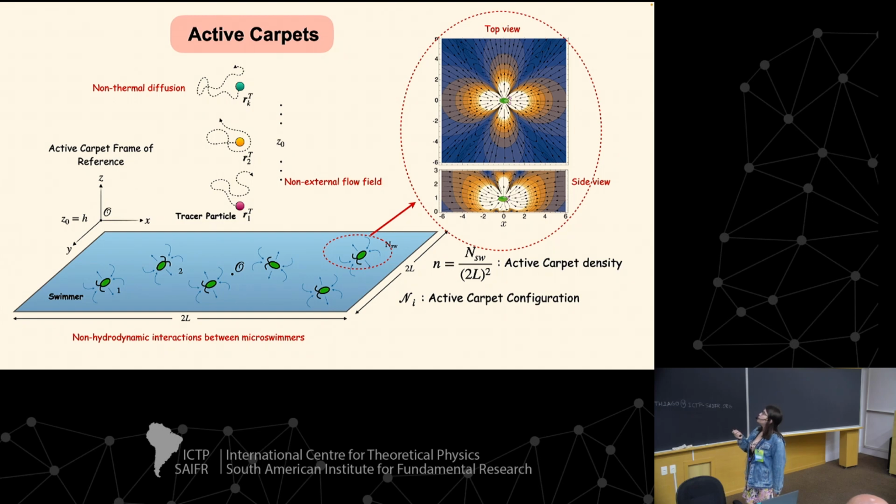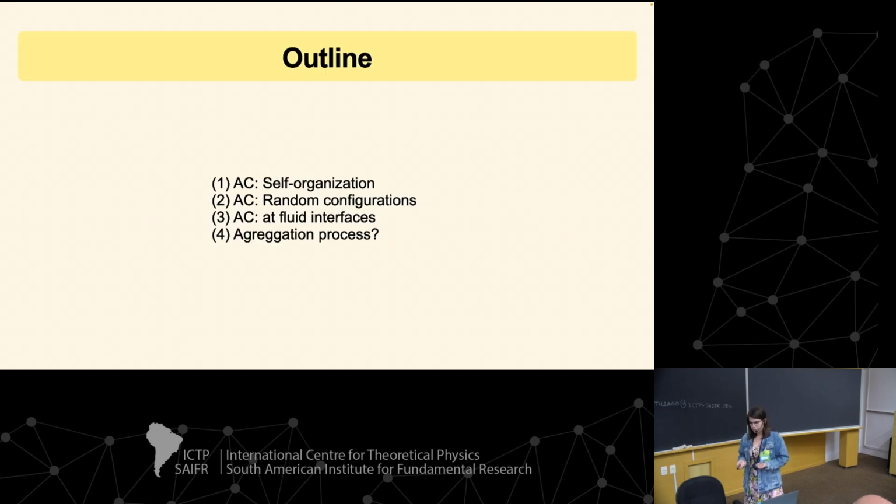So our probe particles or tracer particles, we will put them at different heights above the active carpet, and we want to see how they move. That is the main question, how they move, how they diffuse above these kind of systems. We will start first with an active carpet with self-organization.